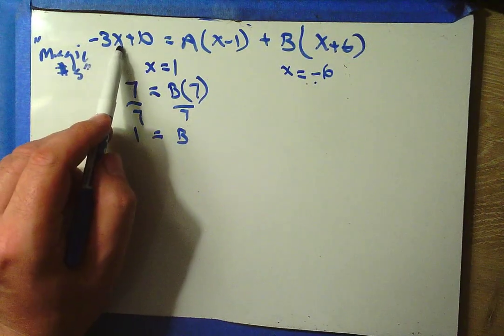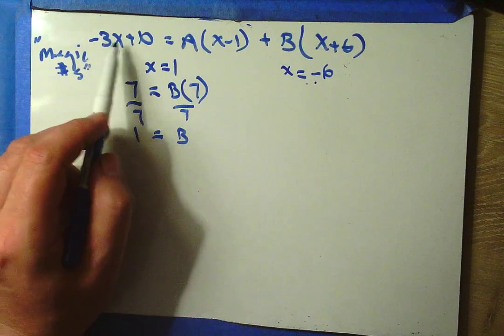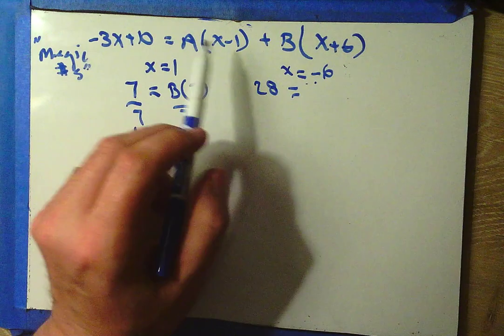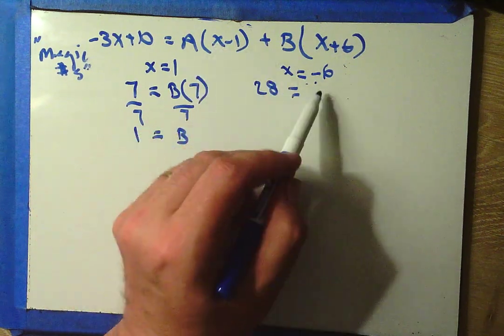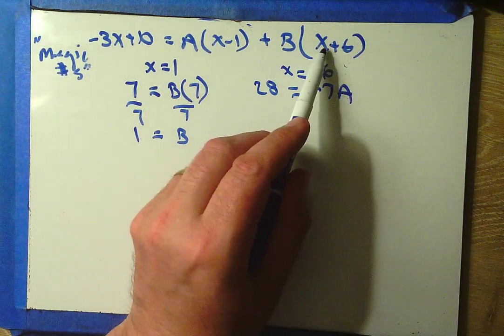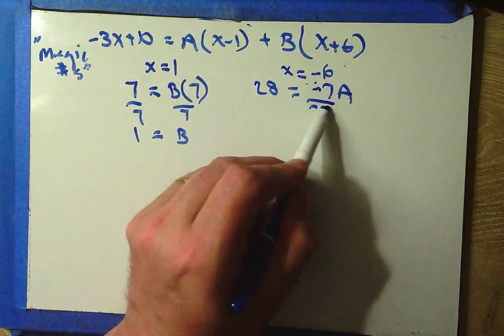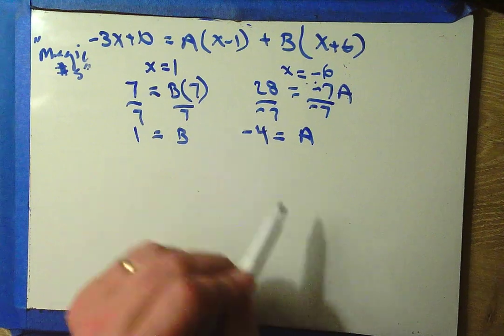If I plug a negative 6 in here, I have negative 6 times negative 3, which is positive 18, plus 10 is positive 28. If I plug a negative 6 in here, I have negative 6 minus 1 is negative 7a. And if I plug a negative 6 in here, I get 0 times b, so the b's go away. I divide by negative 7, a equals negative 4.